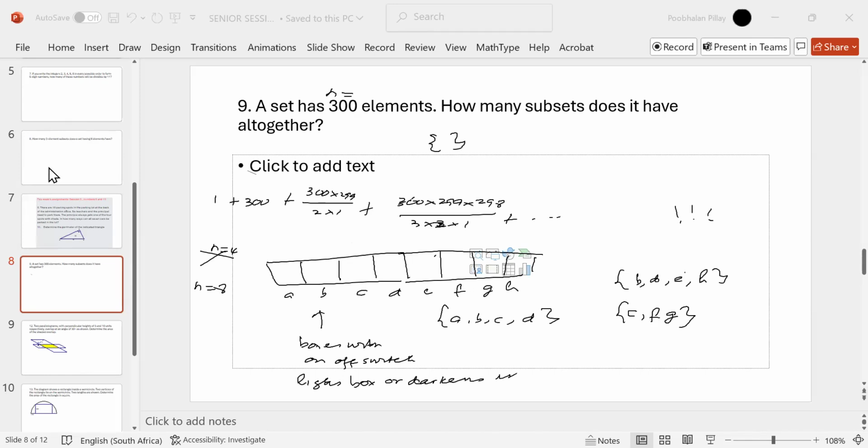So what does this mean? It means that instead of counting the subsets, I could take any subset. I count the number of ways in which these boxes can be lit. I'll repeat that. Each time I have a subset, I have a lighting that takes place. And every time I have a lighting, if I had this lighting, then I can tell you exactly what the subset is.